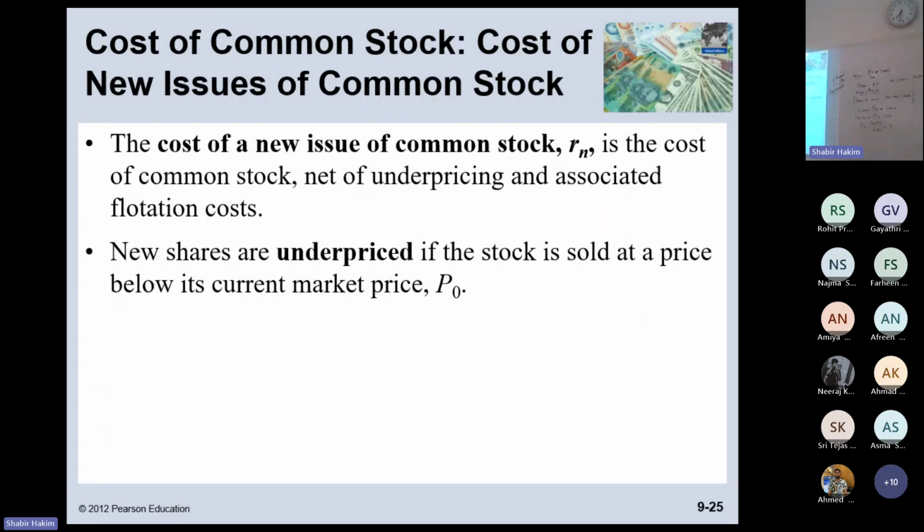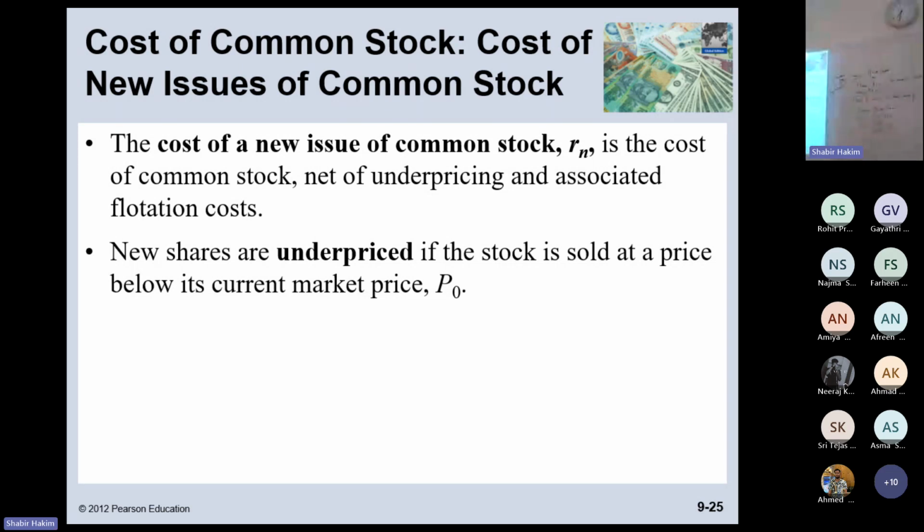Means the overall value of the company after investment should be more than the combined value of the existing company and the new investment from the new issues. So the market is going to react positively if they believe in the company's prospects, and the value will automatically go up beyond $10. But keeping that constant, assuming nothing like that happens, we can expect the new shares to be underpriced.